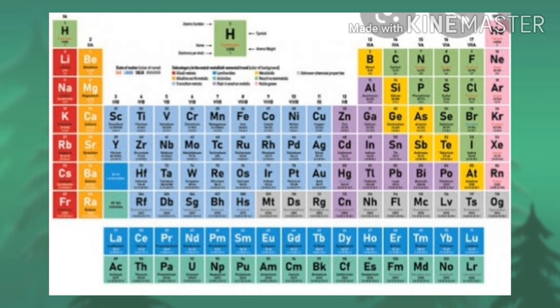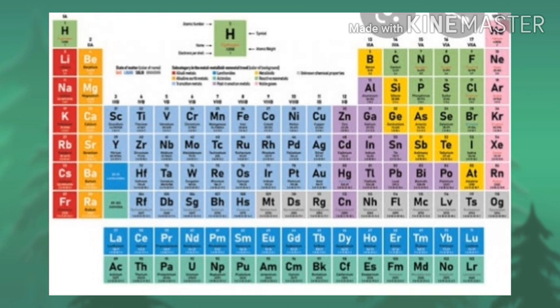Already you studied the periodic table, periodic classification of elements, in 11th standard. So we'll recall a little bit about that periodic classification. You just see the picture. Elements are classified into 4 blocks, namely S block, P block, D block and F block.